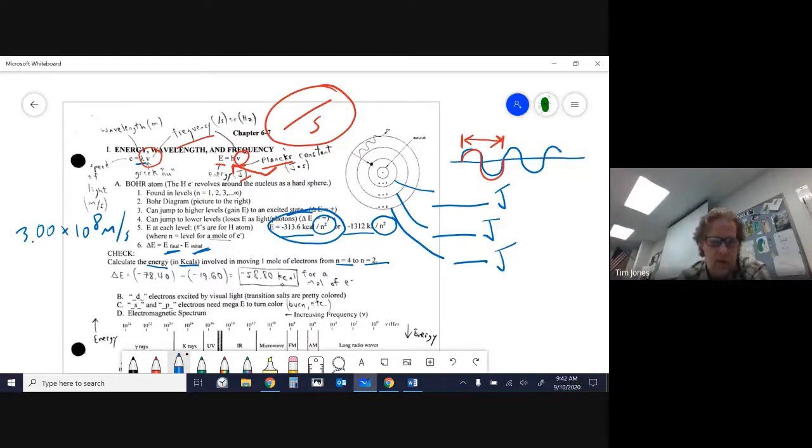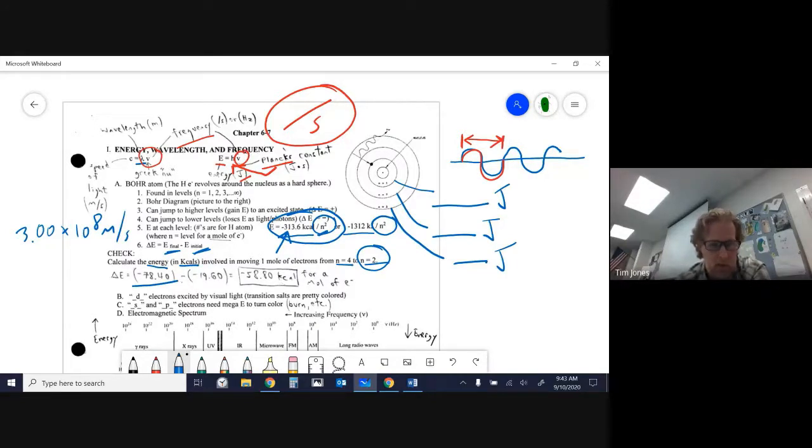And so final is going to be the second level. And so to find the energy for that, you take the 313.6 and divide it by 2 squared, which is the level. And that will give you this negative 78.40.